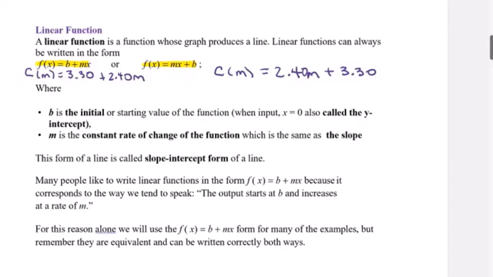So here it says B is the initial or starting value of the function. Well, that's true. 3.30, that was our starting amount. That was initially what we had to pay. So when we put in x equals 0, and in our case, m equals 0, this is also called the y-intercept. And in this book, it's also going to be called the vertical intercept.